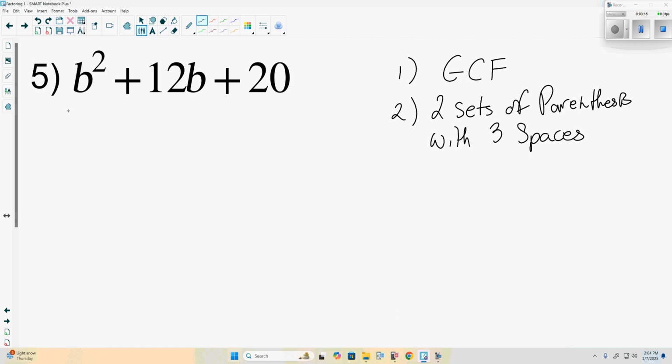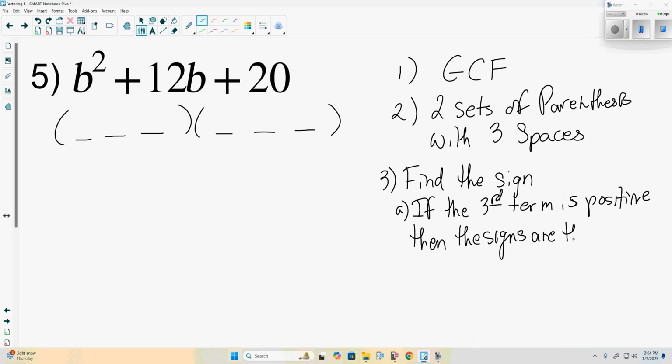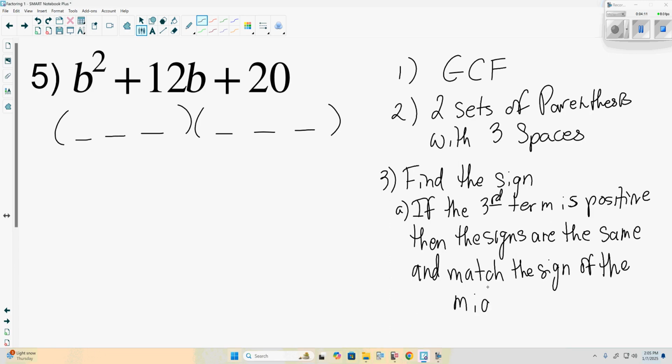We're going to write our 2 sets of parentheses with 3 spaces. And so that takes us to step number 3.